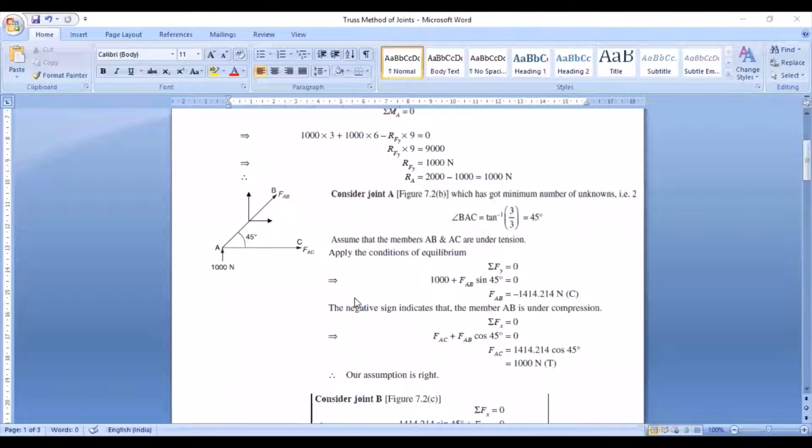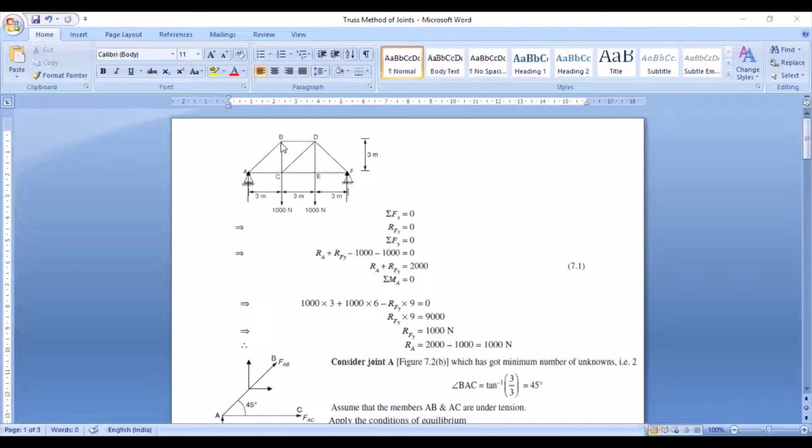Next we shall see which joint is to be considered. Next I'll go for joint B now. Okay. Now this joint B consists of how many members? It consists of three members. Which are those? That is BA, BC, okay, and BD.